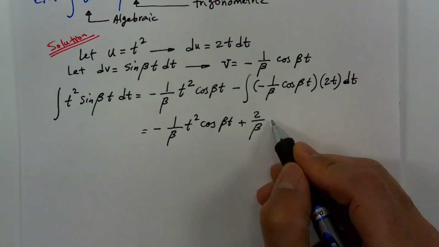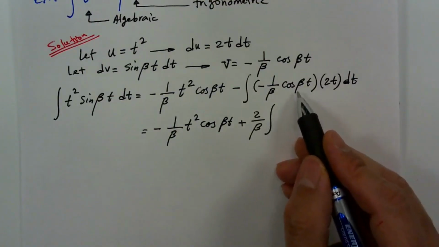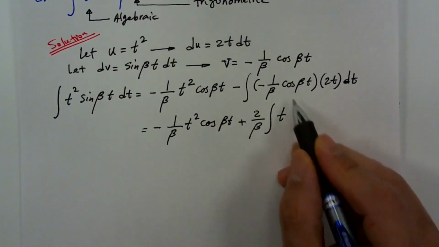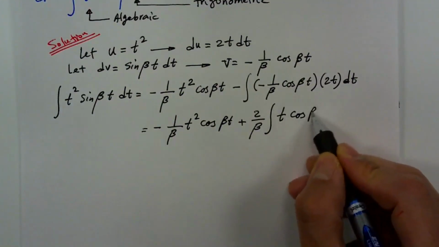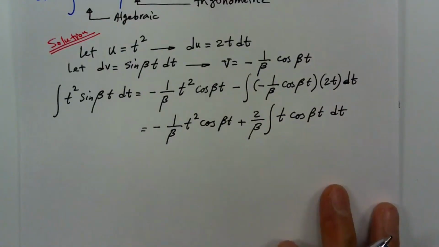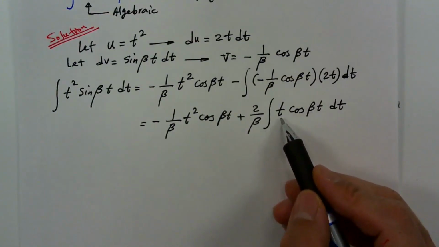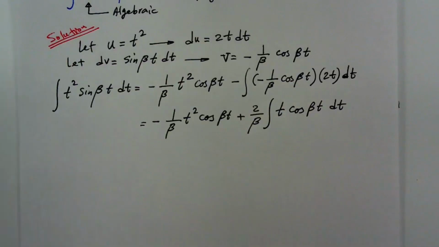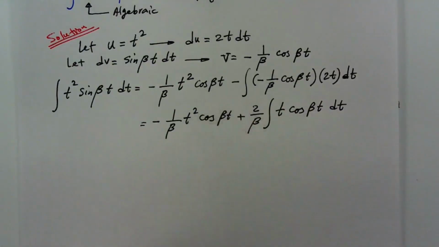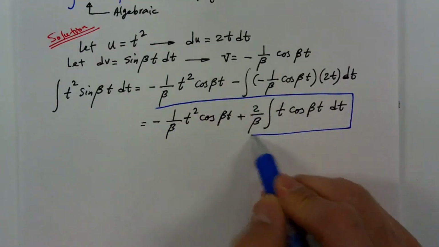So we have 2 over beta in front of the integral of t cosine of beta t dt. Okay, this should do it. But of course, let's call this equation 1, because we still cannot integrate this.